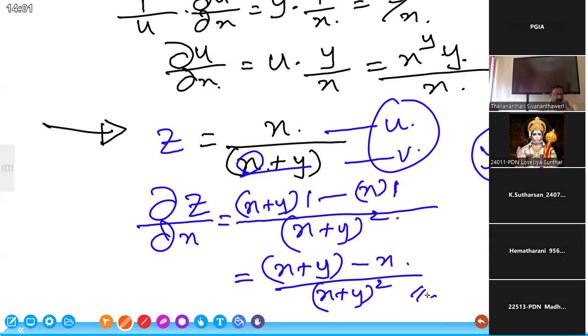You see? This x and this x will cancel out. So we can write it as y divided by x plus y, whole thing squared. Can we? Yes. So this is the answer.